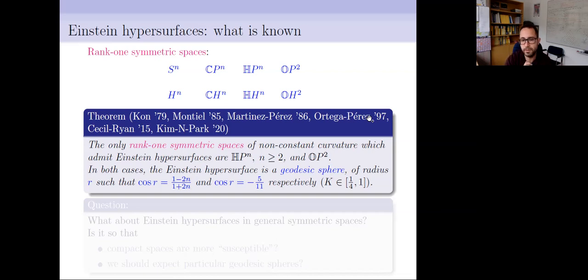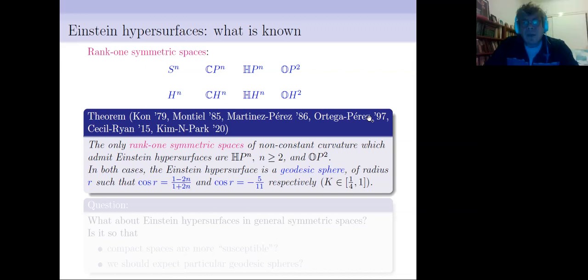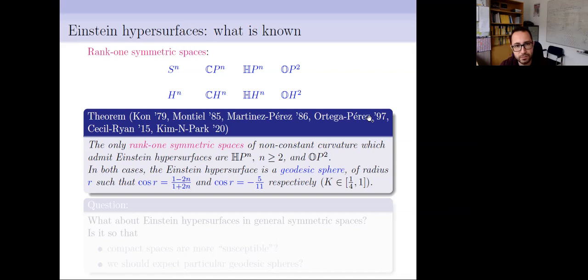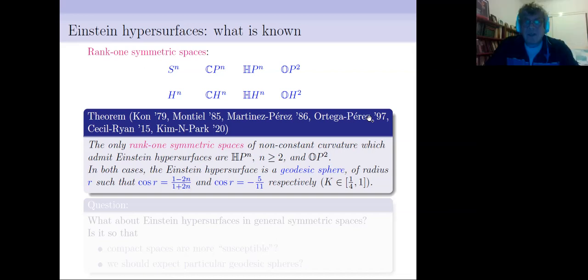Do you think that your techniques can be applied to get similar results in more generality in the compact setting? You said that the curvature adapted condition played an important role, so maybe it's strong enough to provide classifications. This is very possible.